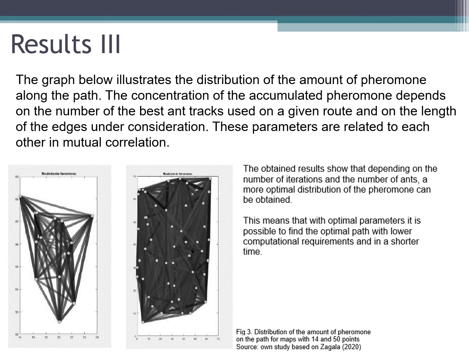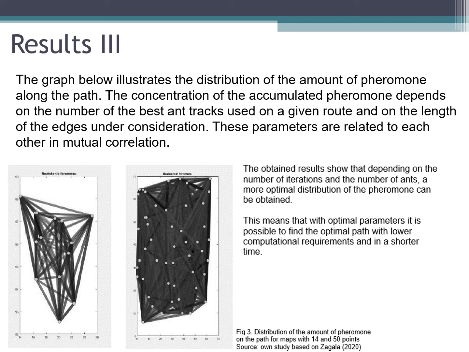We can see on the picture that the longest paths for the 14 cities are in a brighter color than the short paths because there is less pheromone on the longer connections than on the shorter ones.